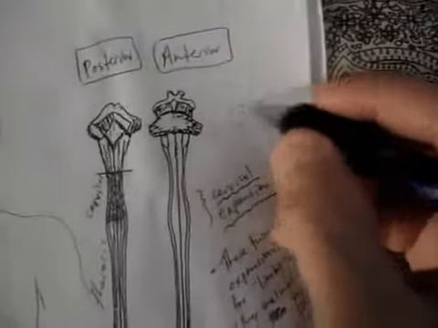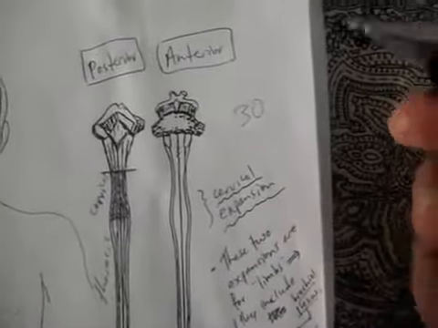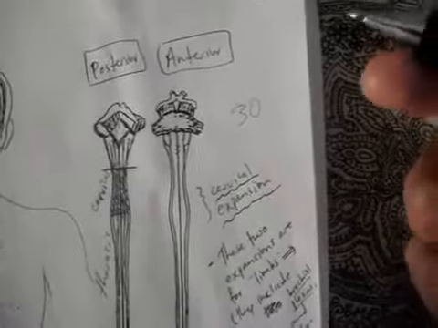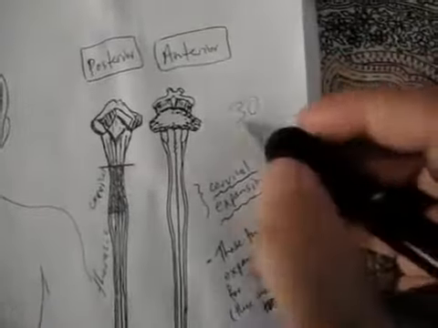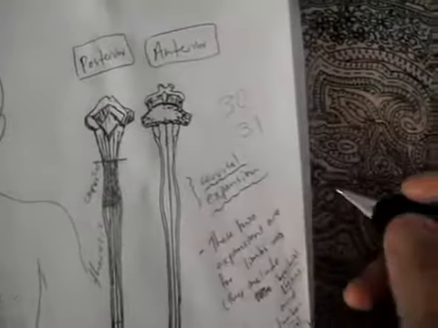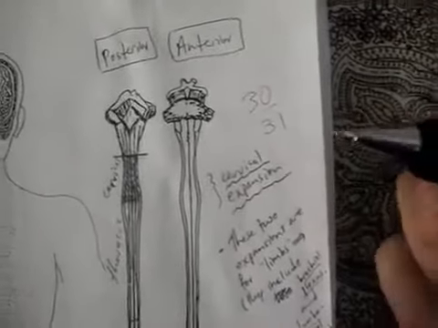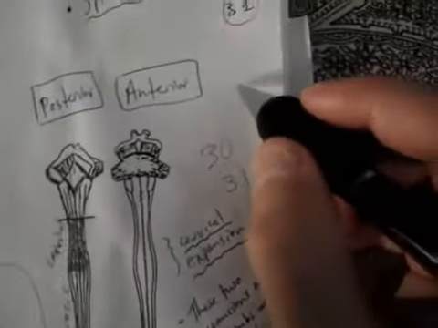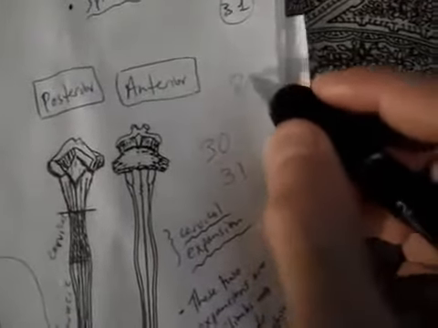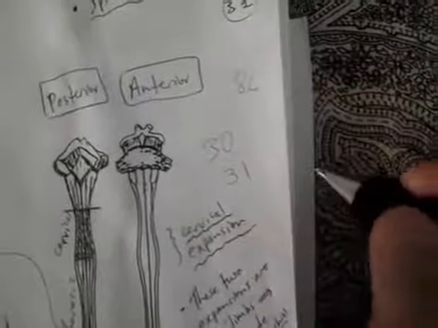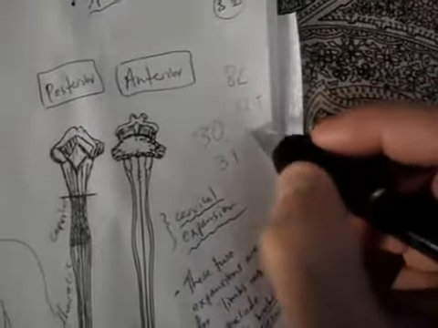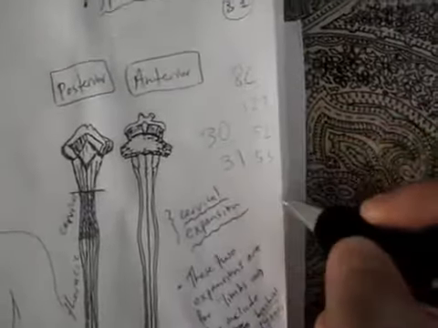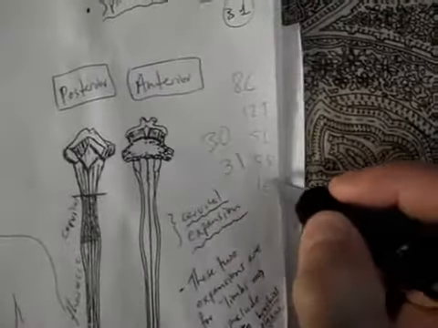In terms of the number of spinal nerves, we said that there are 30 vertebral bones: 7 plus 12 plus 5 plus 5 plus 1 coccyx. There are 31 spinal nerves. So the reason for this is because there are 8 cervical spinal nerves, 12 thoracic, 5 lumbar, 5 sacral, and 1 coccygeal.